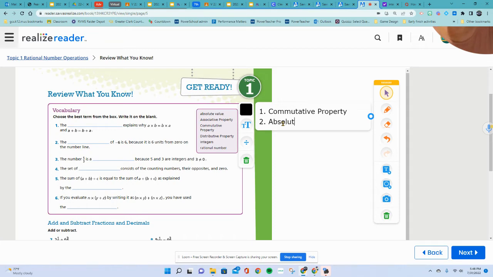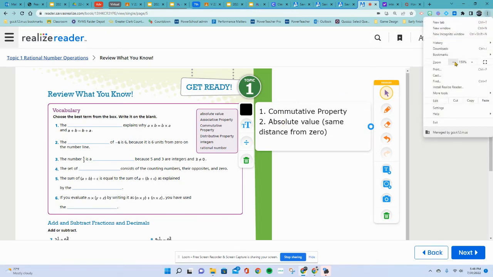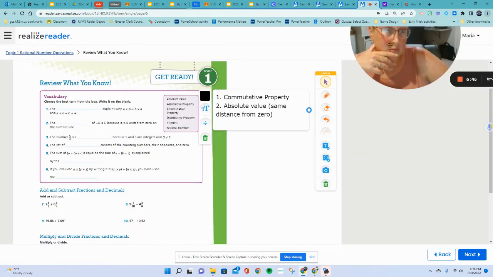Absolute value: this is same distance from 0. That's just to help you remember the absolute value. Basically it just means it's its opposite, but it's the same distance from 0. So if it says what is the absolute value of -20, well, that means it's 20 spaces away from the 0.